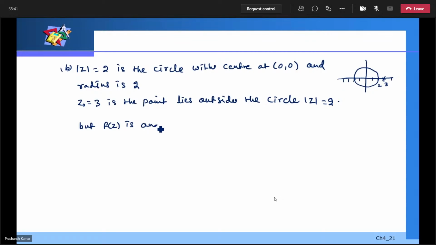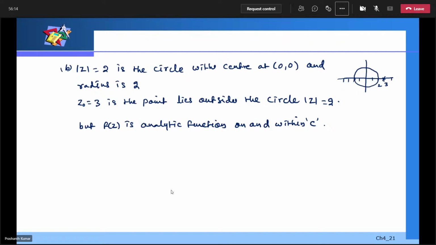But f of z is an analytic function on and within C. If you take the function, it is analytic inside the circle.